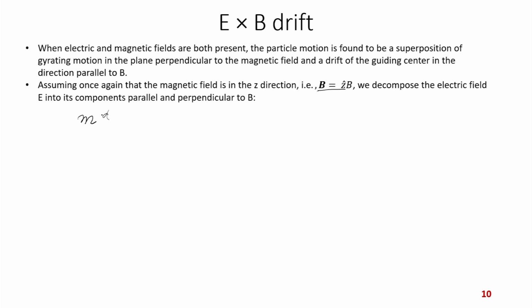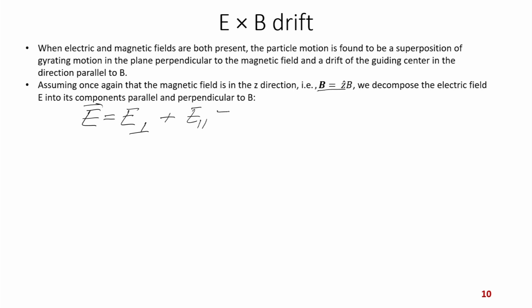First, let us write down all the particle's velocity and these things, then we will go further. We will write the E field as E perpendicular and then E parallel.